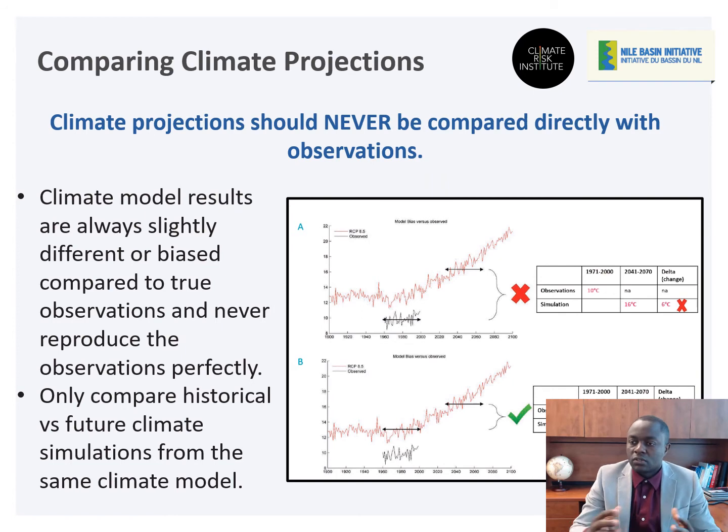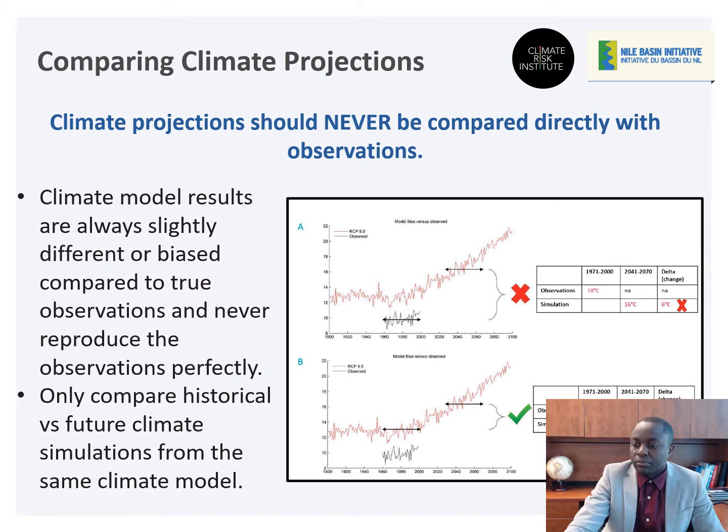When trying to derive application-ready data sets and generate climate change signals, it is important that climate projections should never be compared directly with observations. Always remember that climate models are slightly different or biased compared to true observations and never reproduce the observations perfectly.